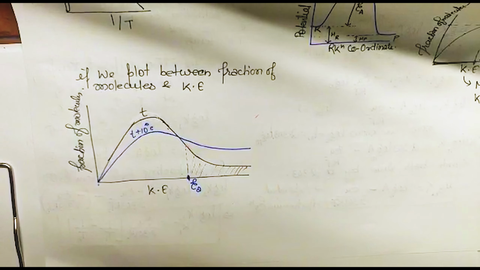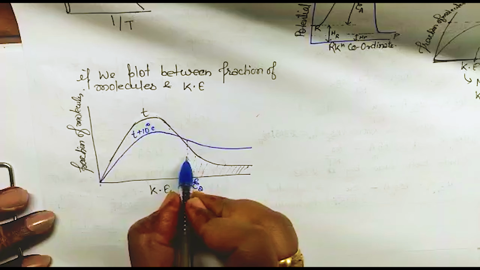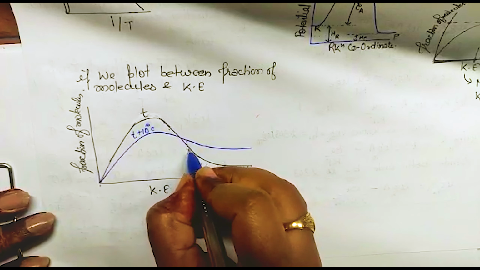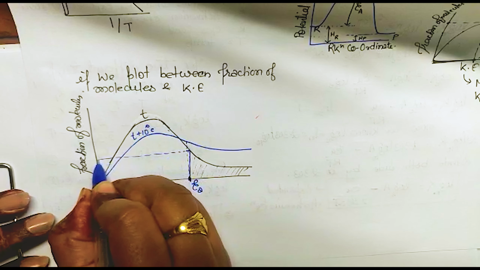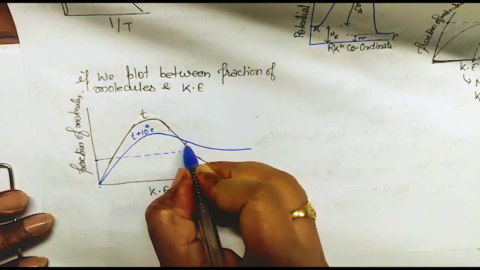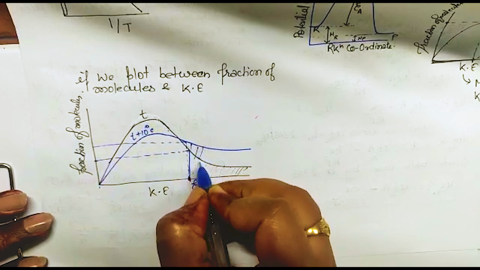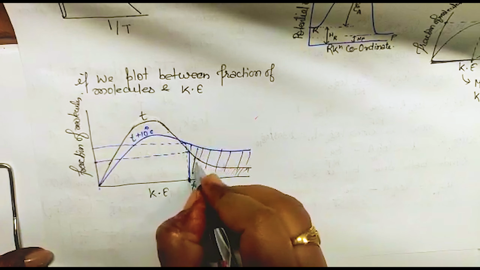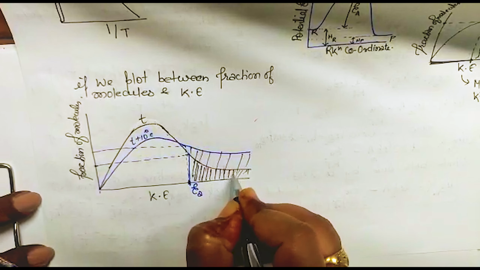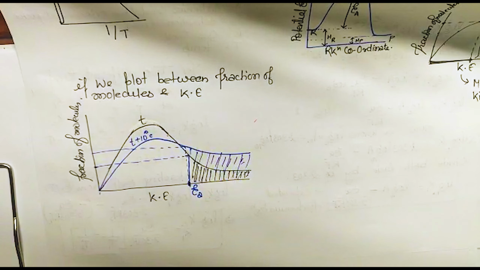So what it says now: earlier at T temperature, only this fraction was taking part in the reaction. Now at T plus 10 degree, this whole fraction is going to take part in the reaction. Earlier only this was reacting, now this also is going to react.